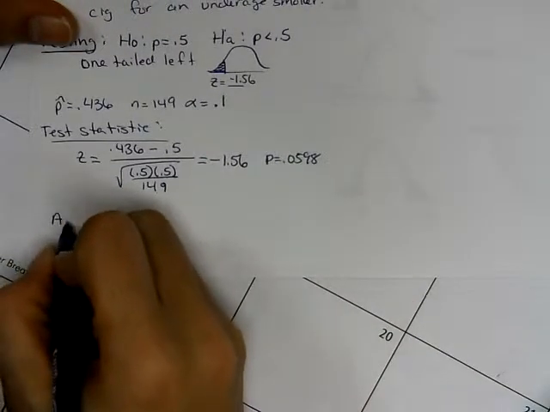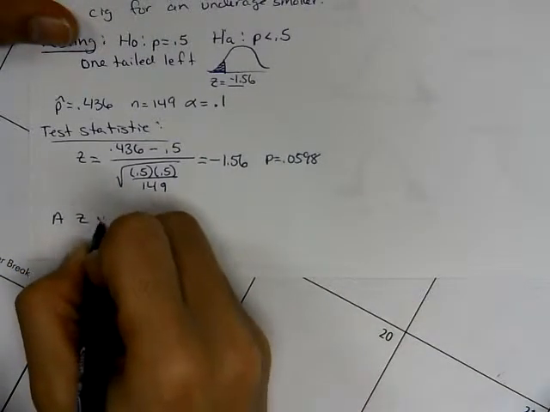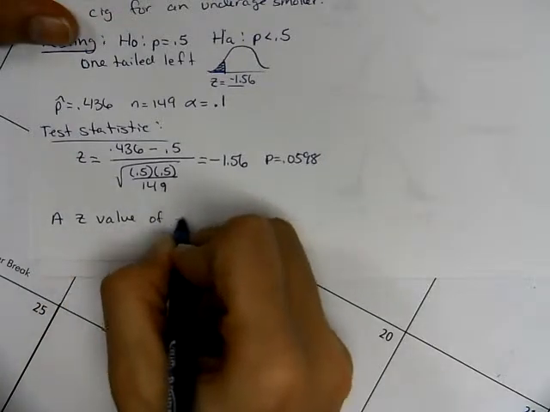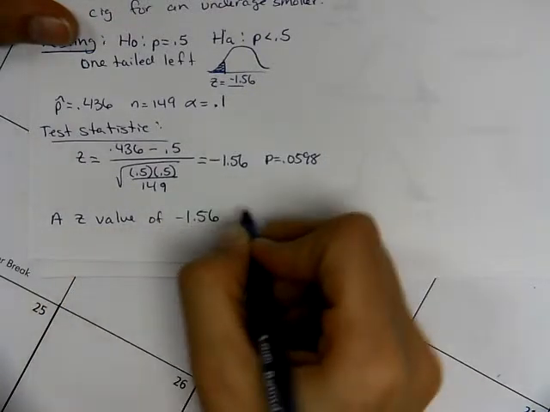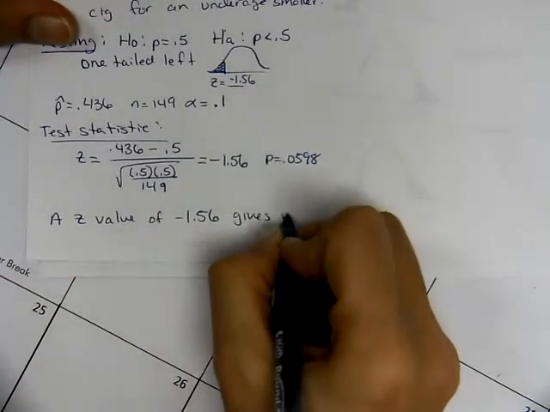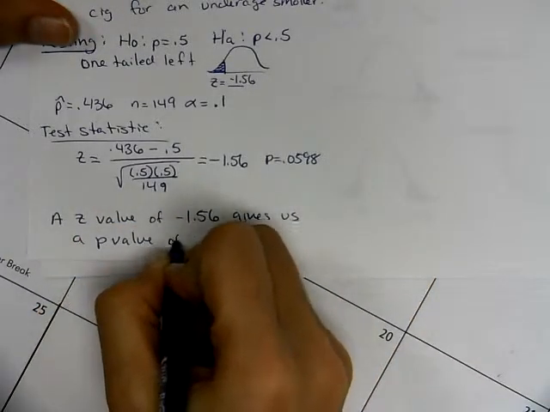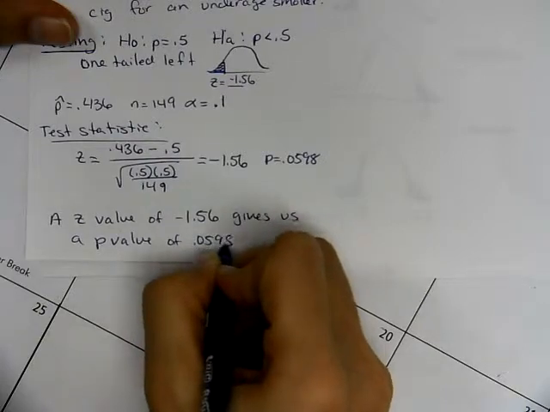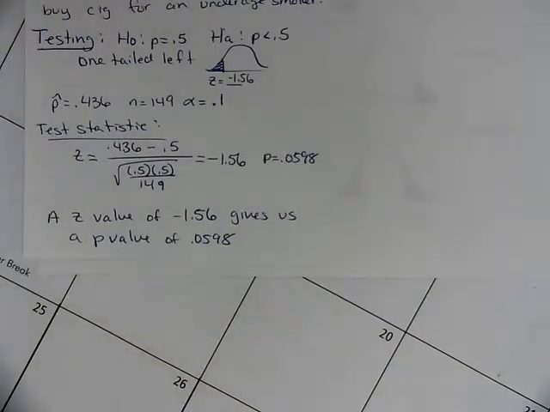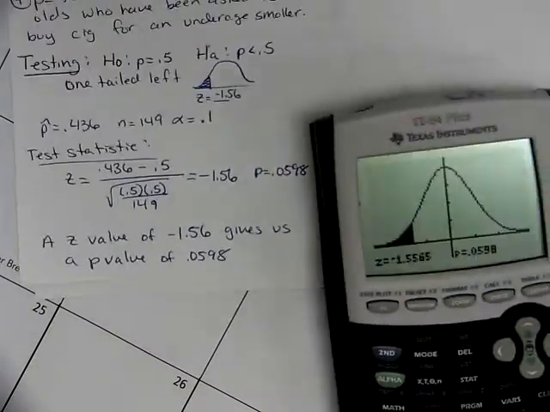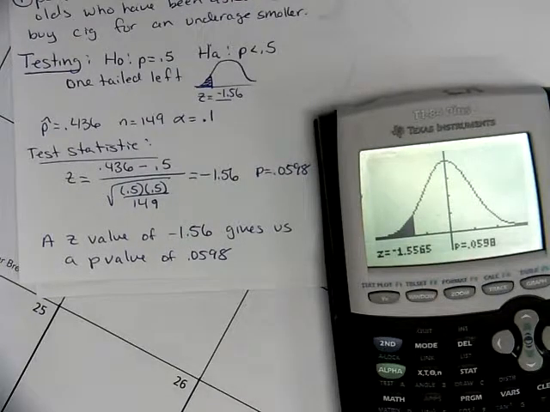So a Z value of negative 1.56 gives us a p-value of 0.0598. Questions on this part?